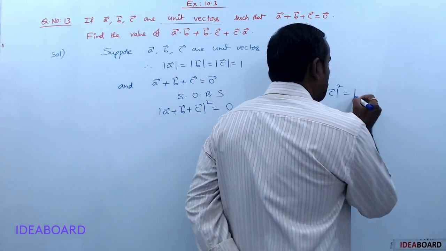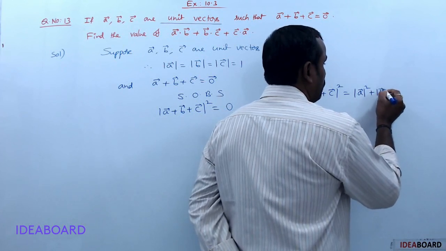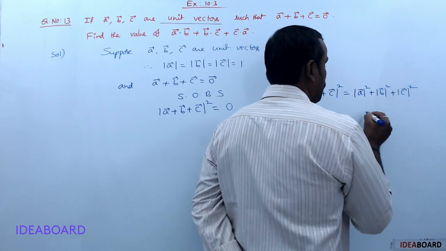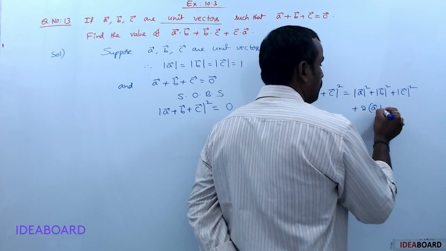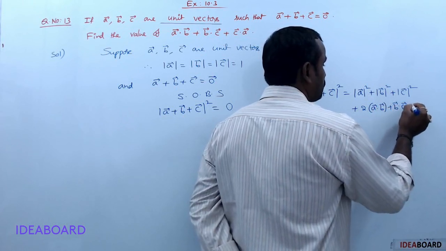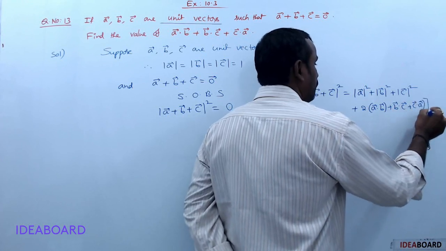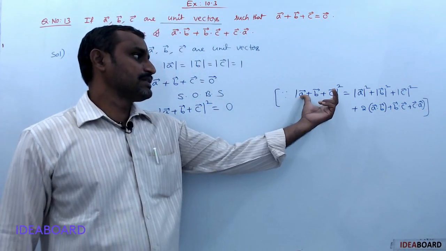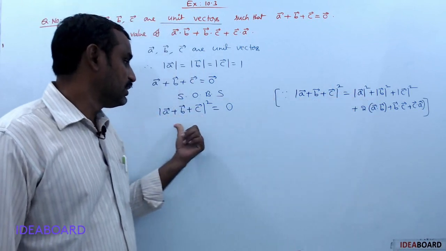So this is magnitude of a bar square plus magnitude of b bar square plus magnitude of c bar square plus 2 times (a bar dot b bar plus b bar dot c bar plus c bar dot a bar). This is the formula for magnitude of a bar plus b bar plus c bar whole square, and I can apply it here.